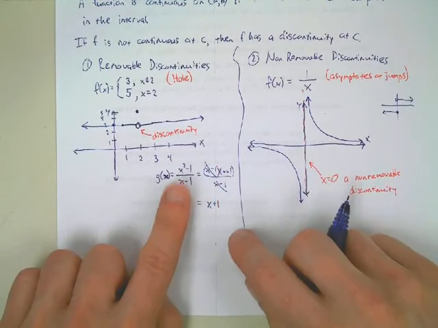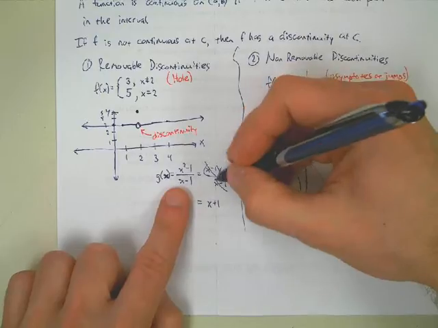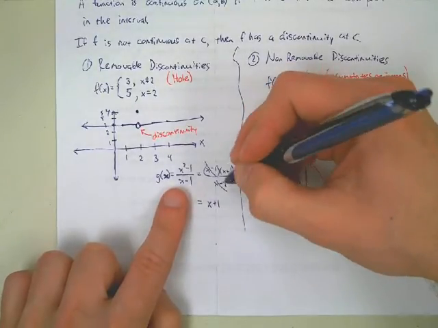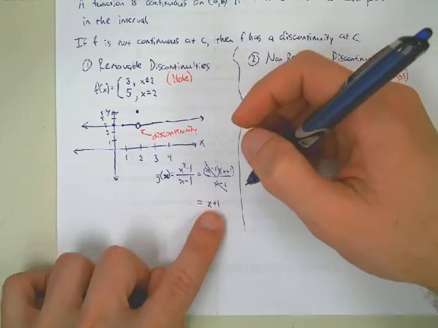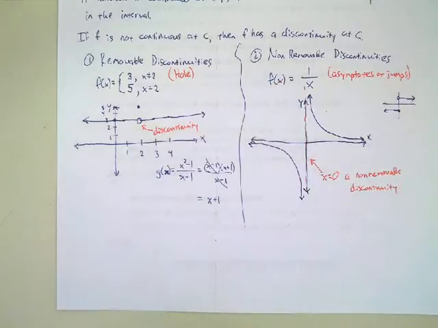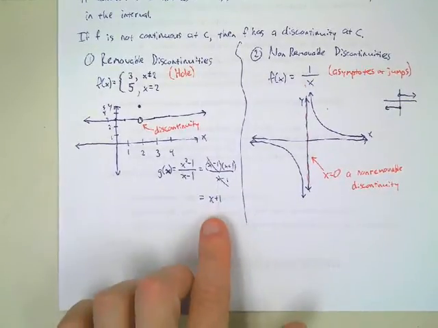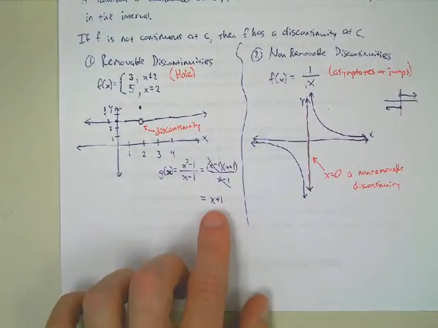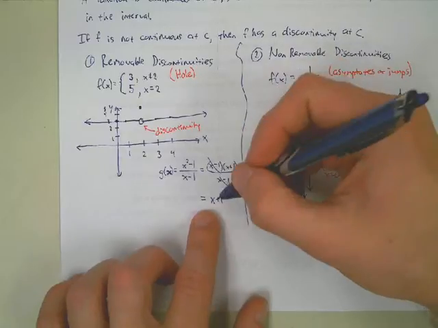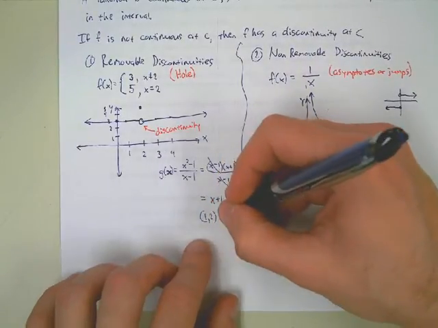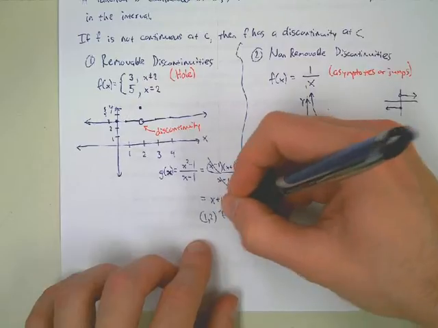You can get rid of the problem and then have this function, which fixes what the problem was. It helps you fill in that hole. It lets you know what y value will fill in the hole. If you plug in 1, 1 plus 1 is 2, so the point (1, 2) will fill in the hole.